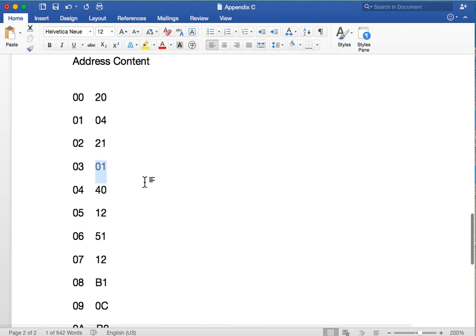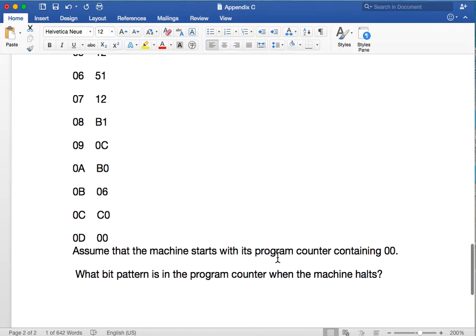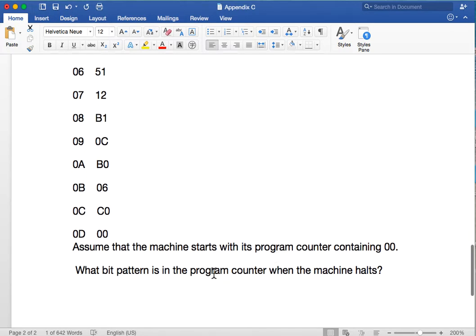Okay. Now, what does the question say? Assume that the machine starts with its program counter containing 00. What bit pattern is in the program counter when the machine halts? Basically, you need to understand that the program counter will hold the address of the instruction you will execute next.